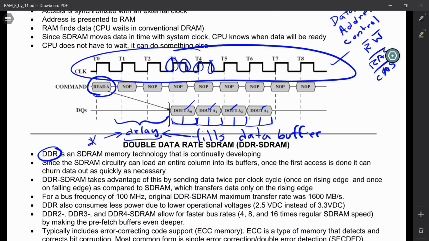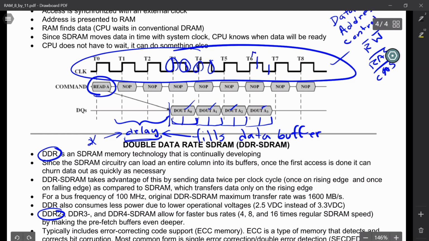So with DDR, once again, we have to increase the delay in order to fill more data buffer. But once we've got the buffer filled, we're then going to send data twice as fast back. Well, we went to DDR2, and DDR2 said, now what I'm going to do is send you 4 bytes of data back in a single clock pulse. Now this, of course, took some interpretation of the timing on the processor and RAM side to know exactly when, for example, the halfway point was in each of these clock cycles.